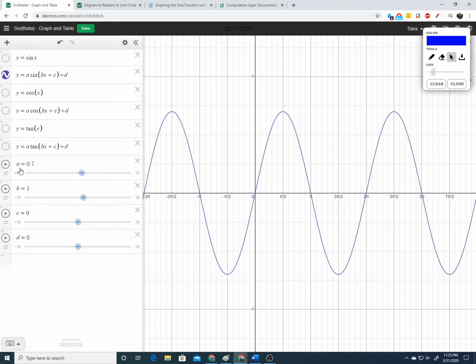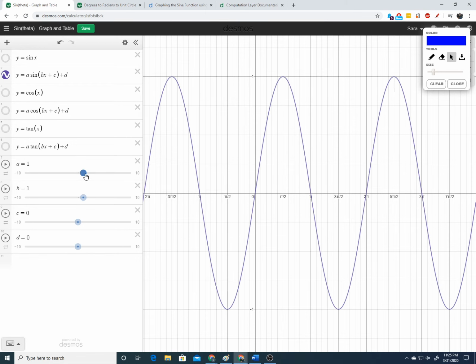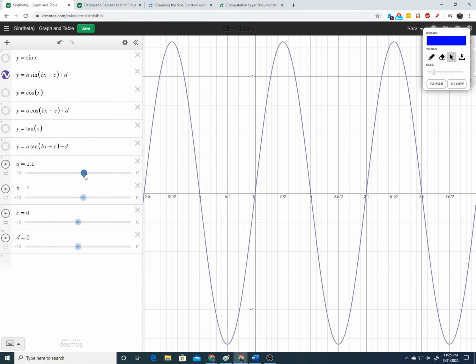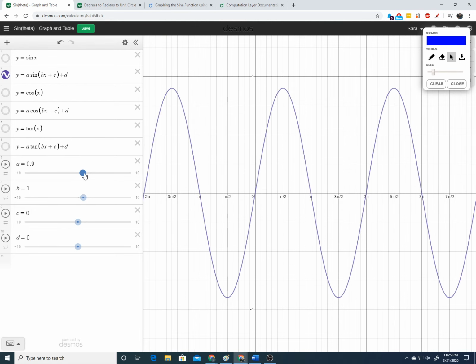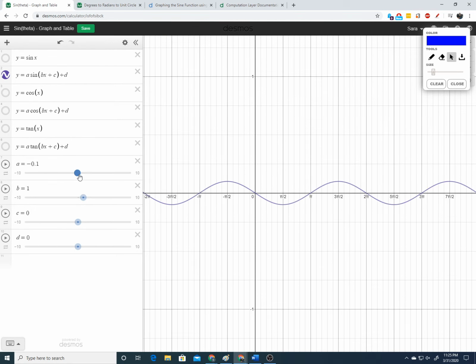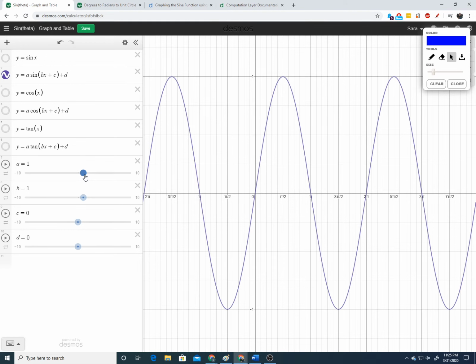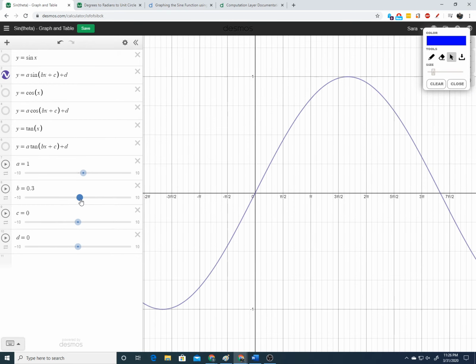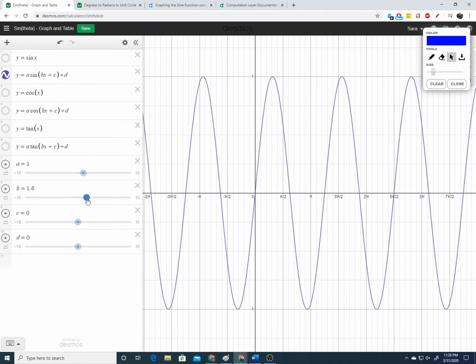I can play with my sliders, and I encourage you to do this just to get used to what each thing does. So I showed you that my a value still stretches vertically and can flip upside down. My b value is the new thing, that it can stretch me horizontally.